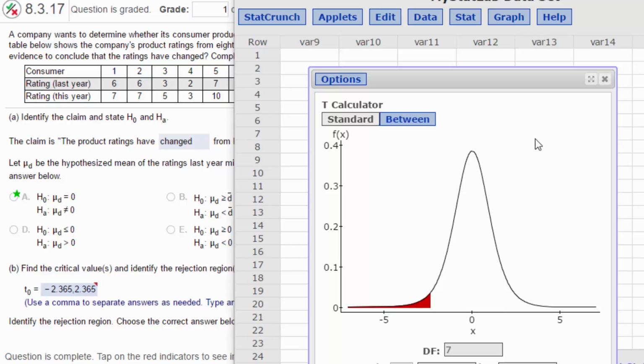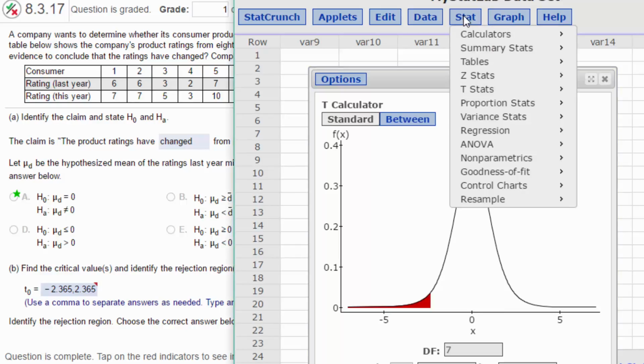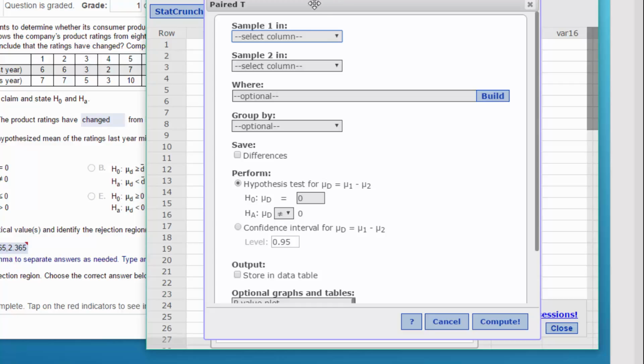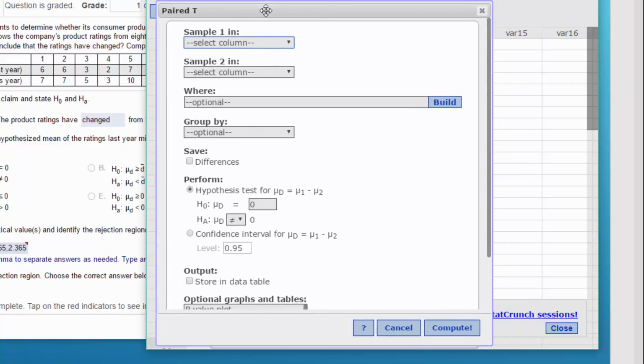Okay, now I want to actually run the hypothesis test. We go to Stat, T-Stats, because paired samples are always a t-test, and we open up the paired t dialog box. Our first column is the rating last year. Our second column, our sample, is rating this year.